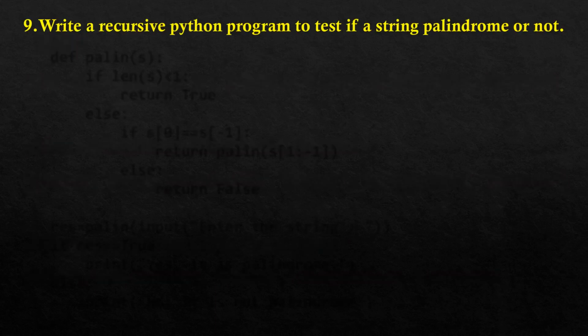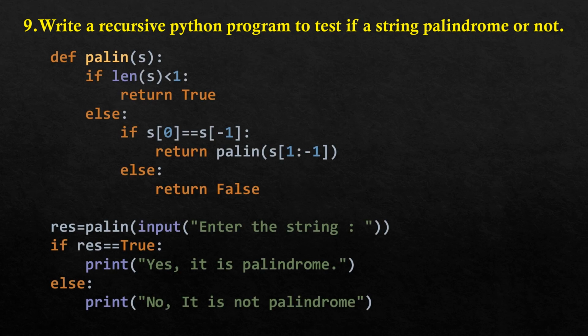Now the next program is to write a recursive function to check whether a string is palindrome or not. Here we have defined a recursive function called palin with a string as argument. The base case is when the length of the string becomes 0, it will return true.